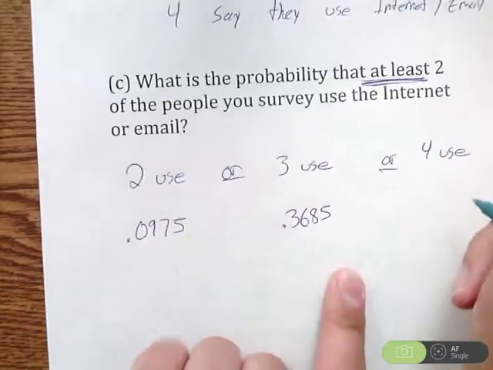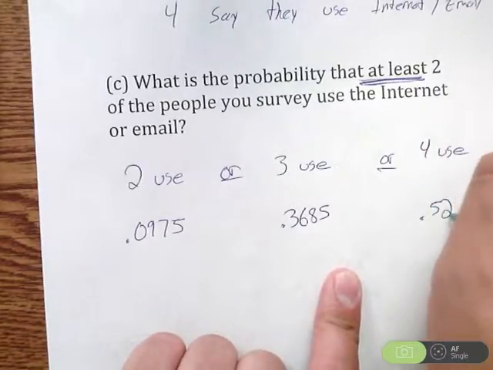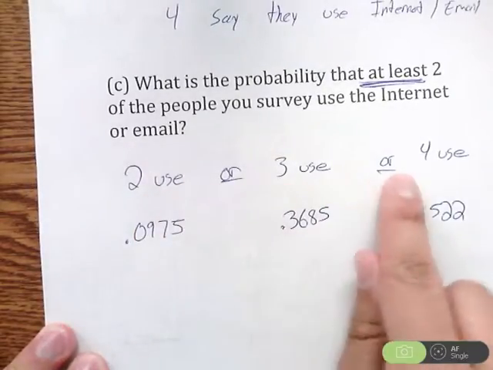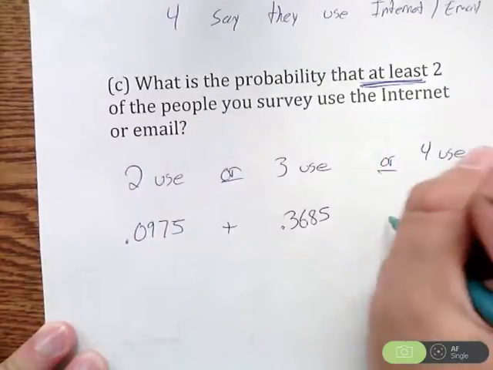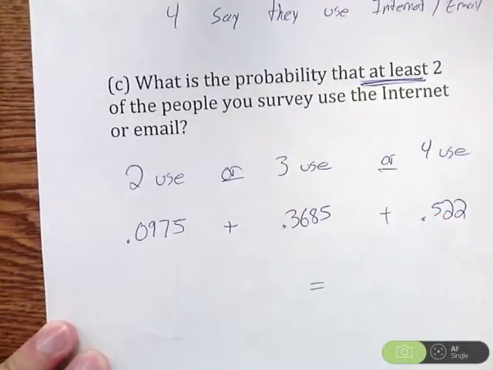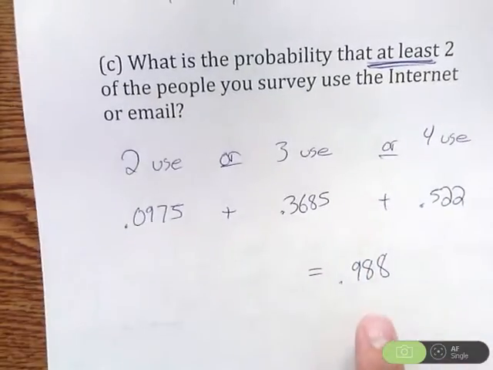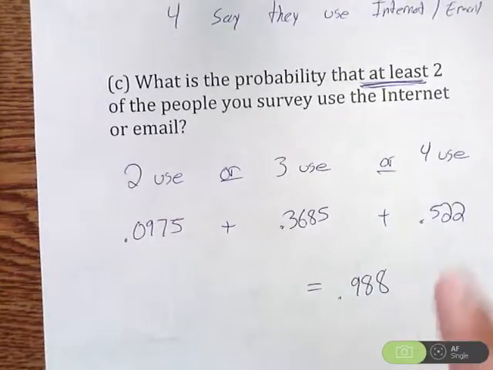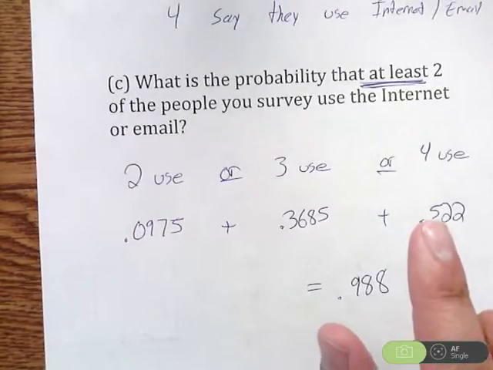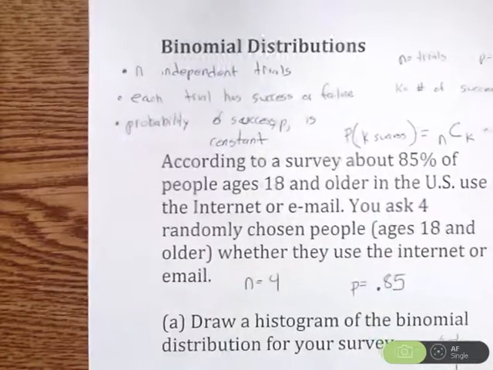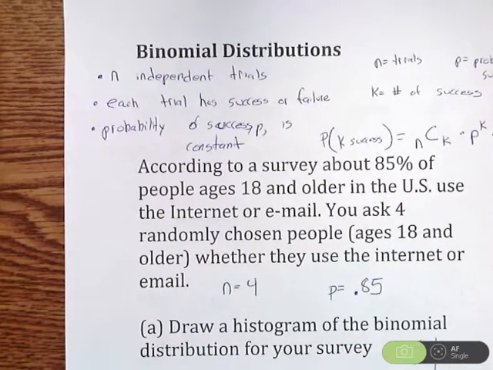The probability that we had 4 was 0.522. Well, what do we do with these 3 numbers? It's 2 use or 3 use or 4 use. So we're going to add all those up, and when you do, you get 0.988. So 98.8% chance that at least 2 people out of the 4 surveyed say they use internet or email. And that was binomial distributions.